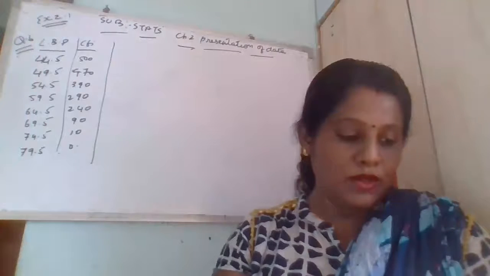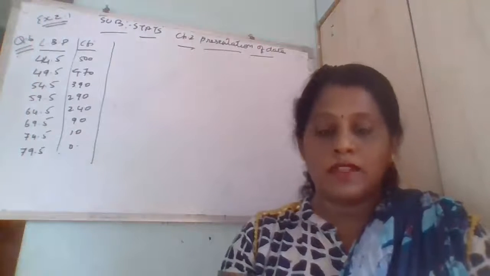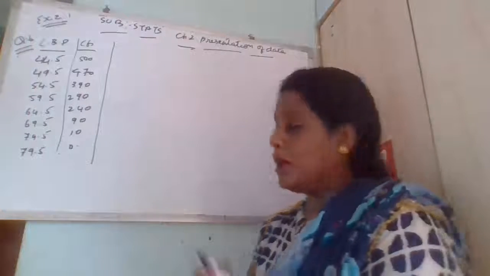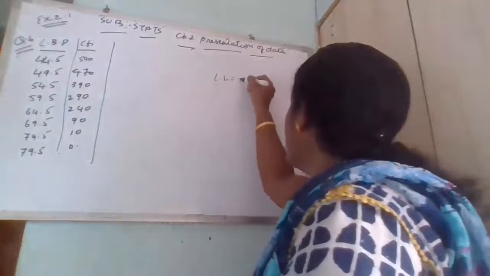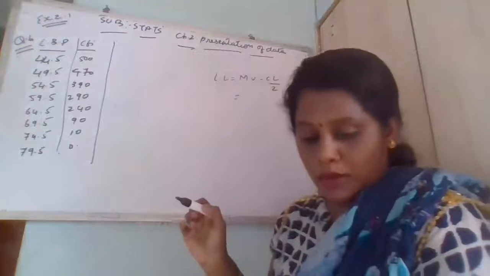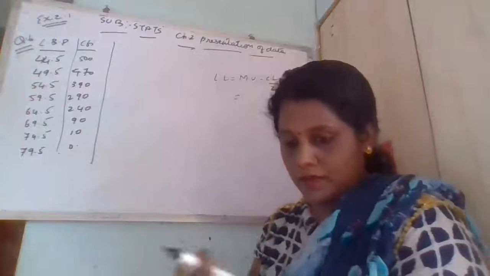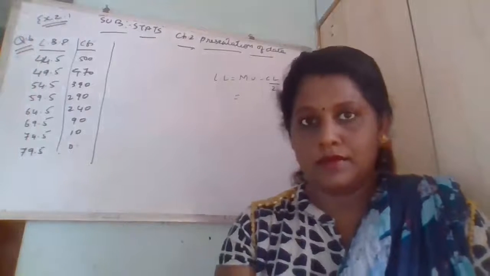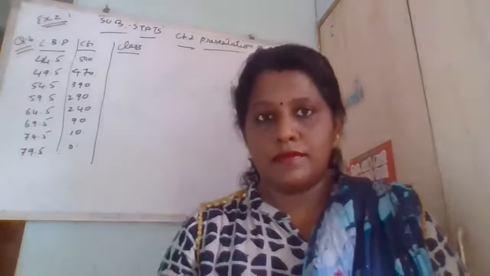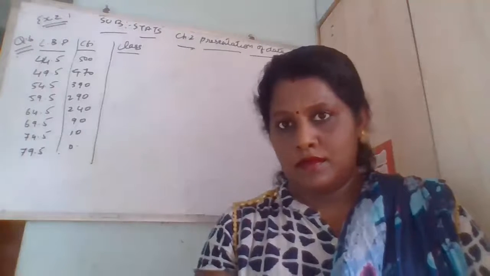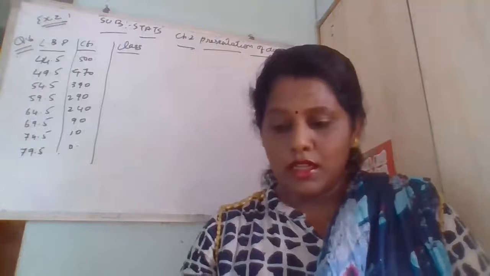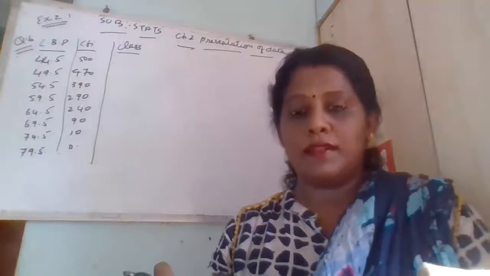So first, you have to find an inclusive continuous frequency distribution. For that you have to find your lower limit and upper limit, right? What is the formula of lower limit? Lower limit is equal to mid value minus class length upon 2. This is the formula of lower limit. First you have to find your class. With the help of your lower boundary point and CF, we will be finding our class.